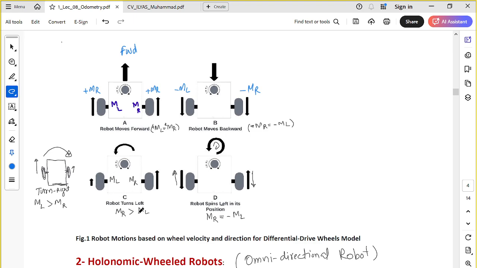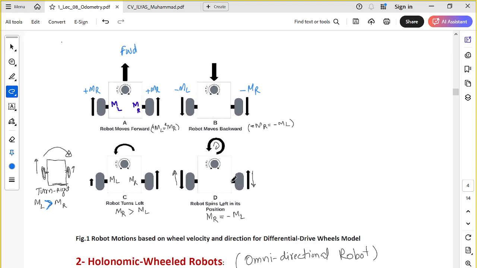So MR will be greater than ML, and your robot will turn leftwards. Similarly, if you want to turn right, the left motor will have a higher speed compared to the right motor, and the robot will move rightwards.